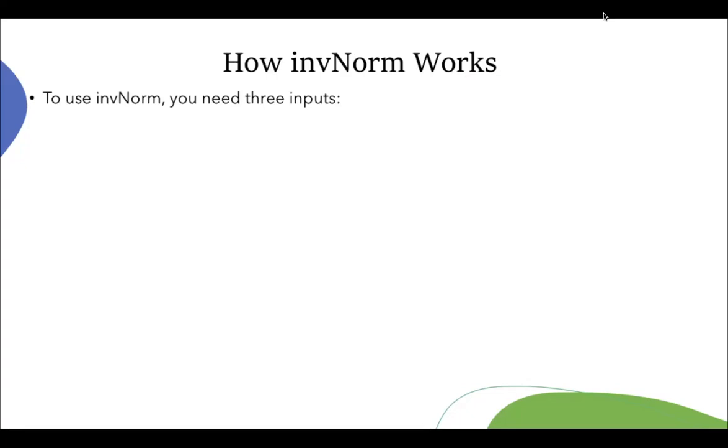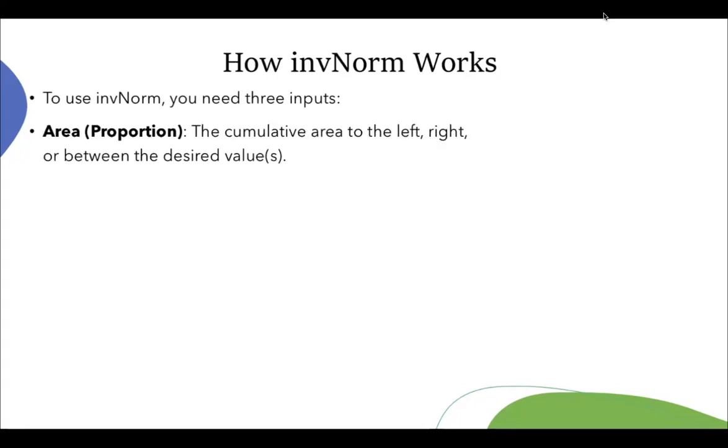We need 3 inputs with inverse norm. If you open it on your calculator now, you'll see that it's asking you for an area, and you could specify the direction as left, right, or center between the two values. Now, on our version of the calculator, we do have this option of left, right, or center.